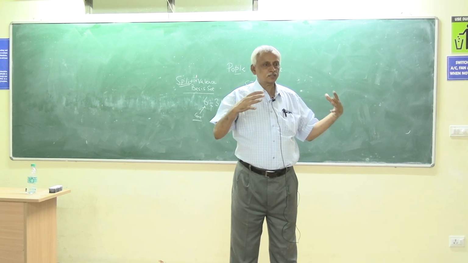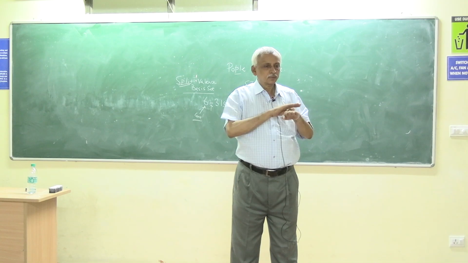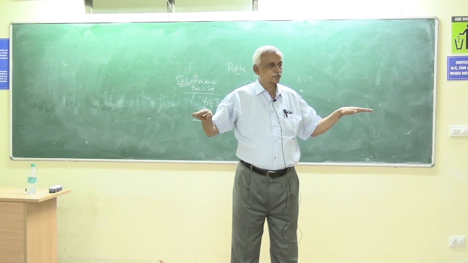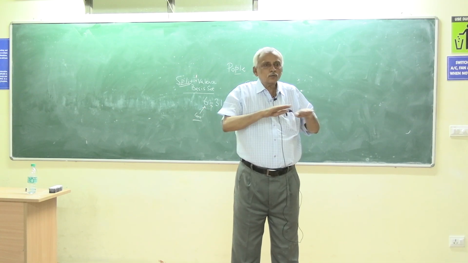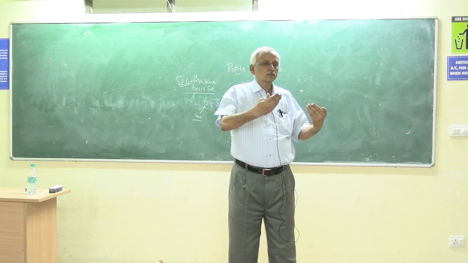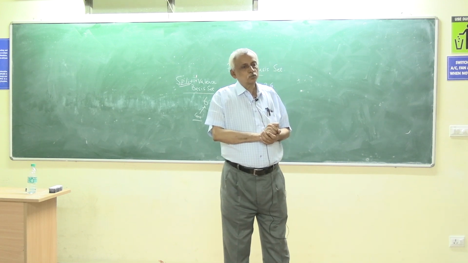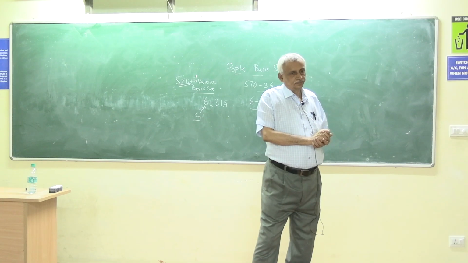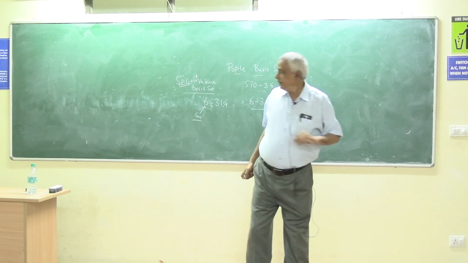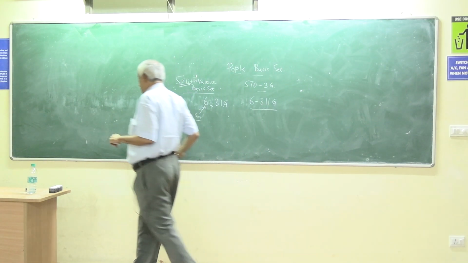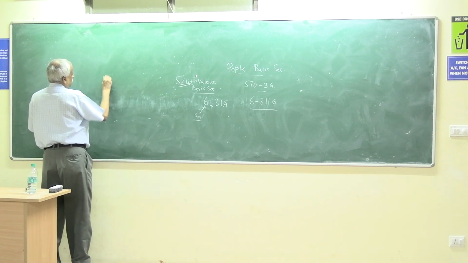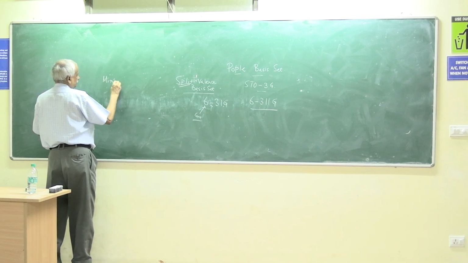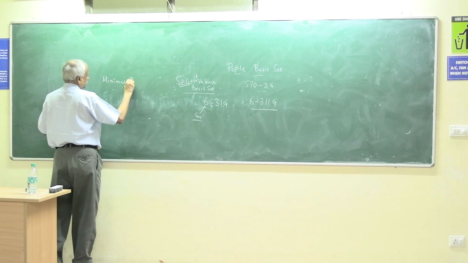So 1s, 2s are spherically symmetric and 2p are linear, 2px, 2py, 2pz. That means water would be a linear molecule if you only stick to those functions. Now those functions, let me tell you, I will go back, they are called minimal basis set.